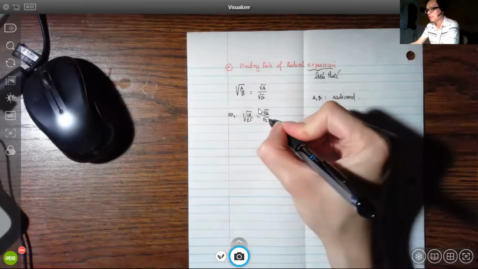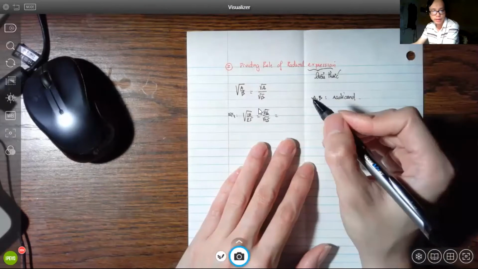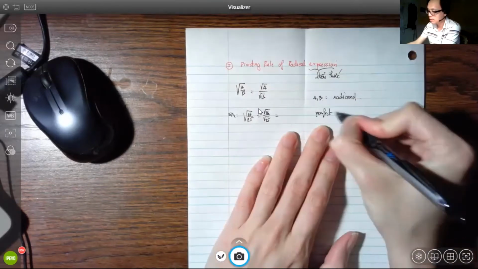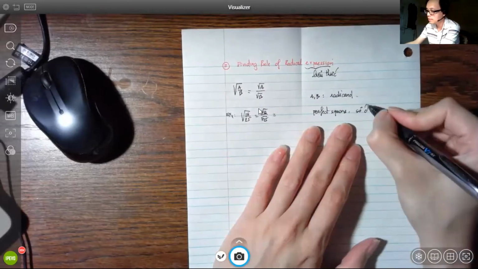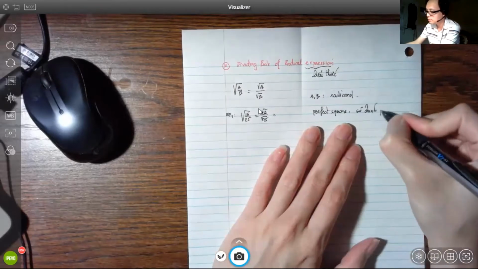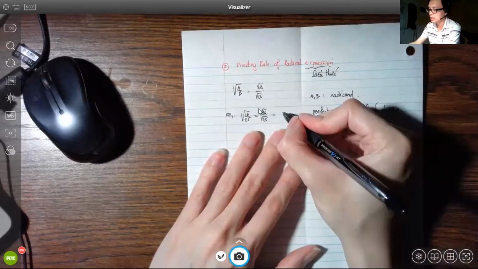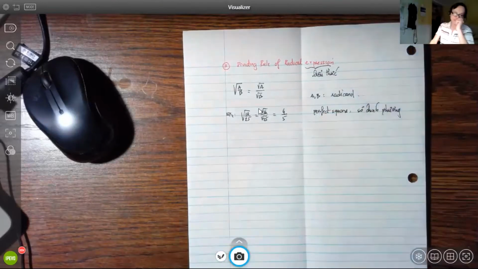And you also recognize that 16 is a perfect square, tiếng Việt gọi là số chính phương ha. Số chính phương. So square root of 16 gives you 4, square root of 25 gives you 5.